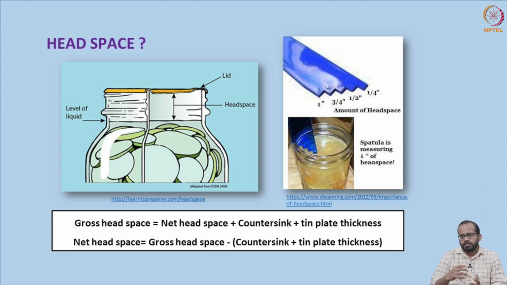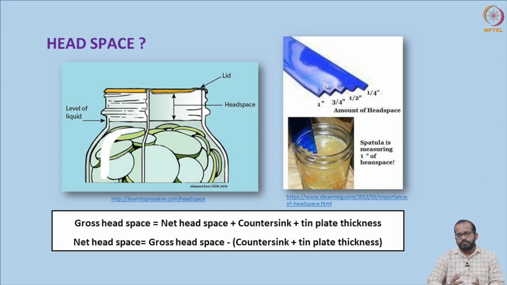This is where the headspace comes into play, because the headspace is provided to accommodate the expansion of the internal contents, so that only a nominal pressure is exerted on the can, so that the cans can properly bulge and counteract that internal pressure. So headspace is basically the space provided for accommodating the expansion of contents and to contain the increasing internal pressure. That is the purpose of the headspace.